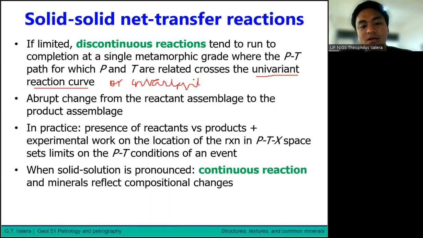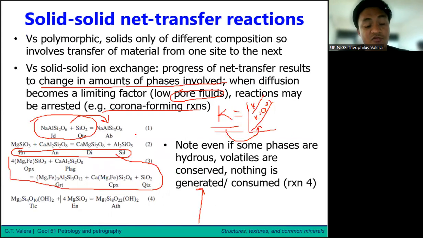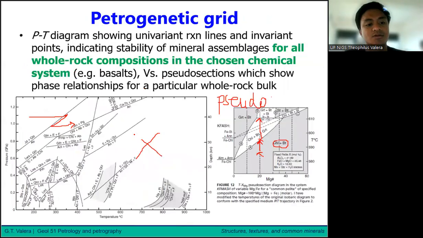So in my example earlier, wherein you have jadeite reacting with quartz to form albite, from here to here, you have both the reactants existing with the product, jadeite and quartz existing with albite, and one of the reactants, quartz for example, getting less and less in amount.